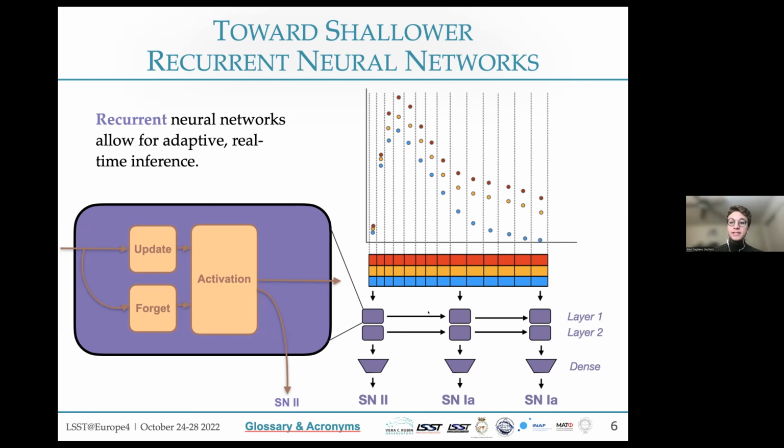So if you have a series of recurrent units, then you can make a prediction with the partial phase of a light curve. And as you get more data in, the hope is that your classification results improve. So recurrent neural networks are a very useful framework for early classification. That's what we ended up using for this system.